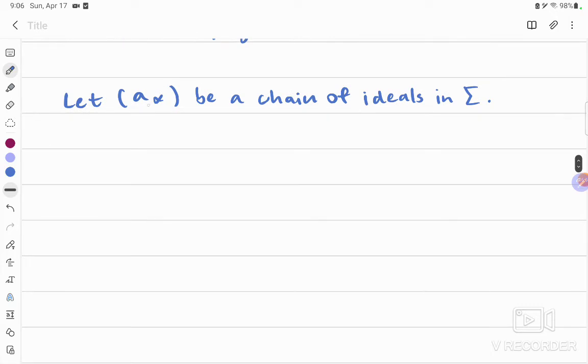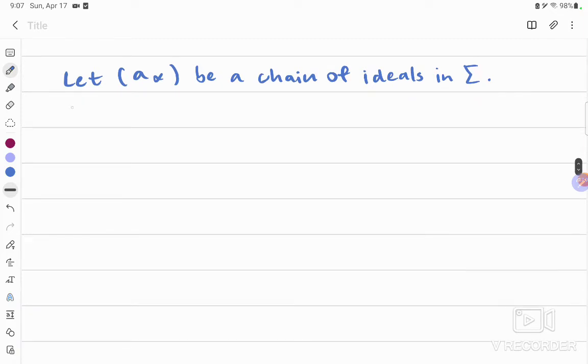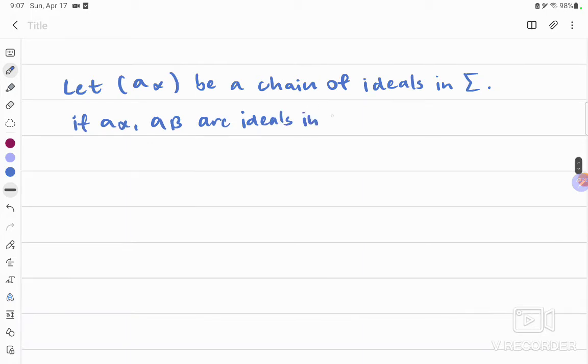Since this is partially ordered, and it is a chain, if a sub alpha and a sub beta are both ideals in the chain, remember what the idea of a chain is in the first place: you have comparability for every pair of elements.